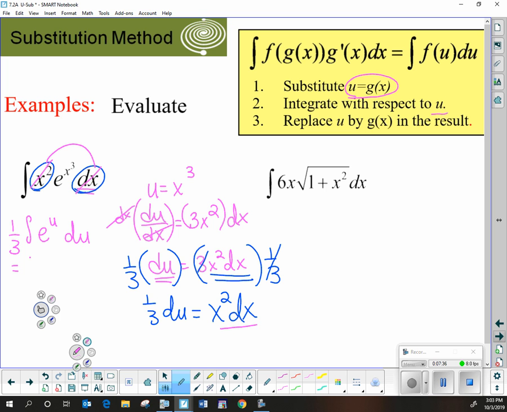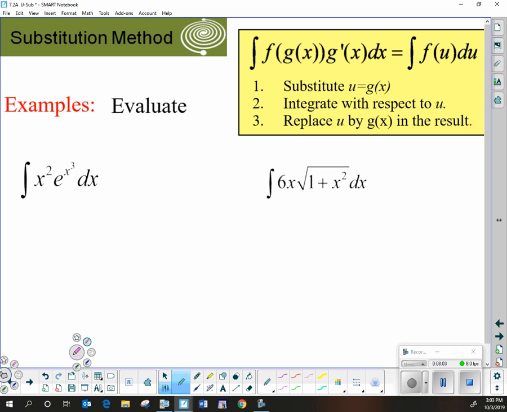And the integral of e to the u is e to the u. Since it's indefinite, it'll be plus c. And then I'm going to replace my u and swing back so that I have my variable with x's in it. And I look back over to my u sub. U was equal to an x cubed. So there is our final answer.